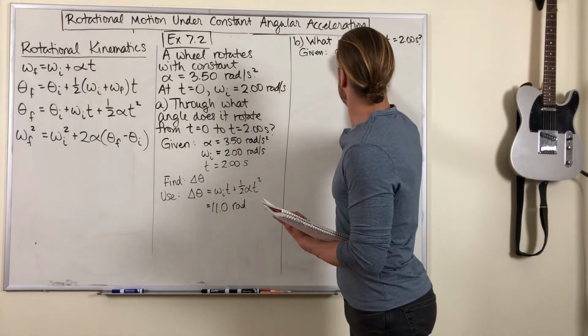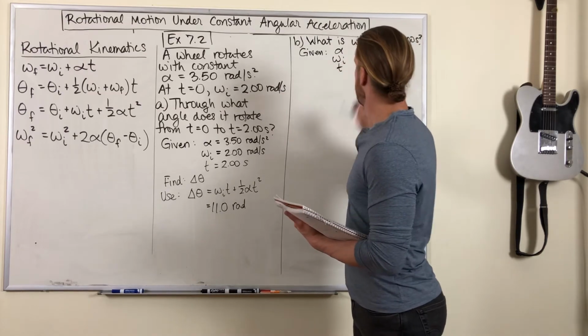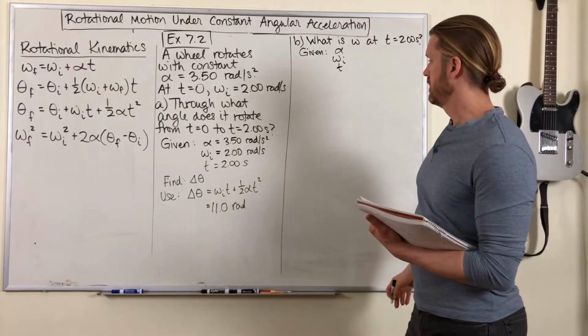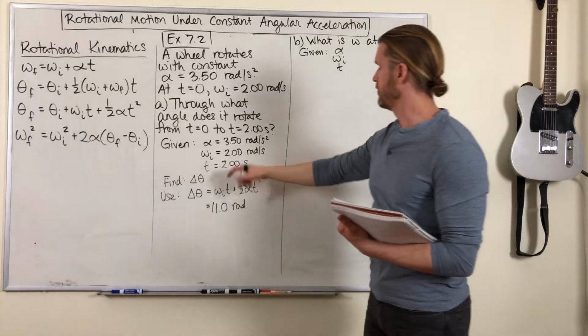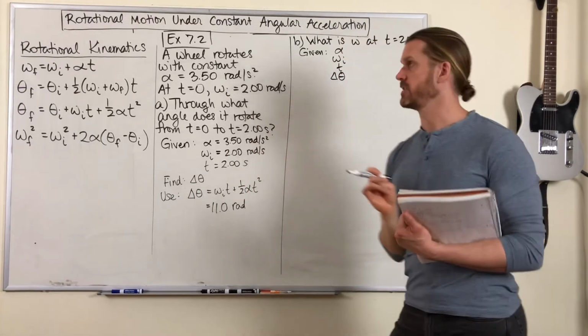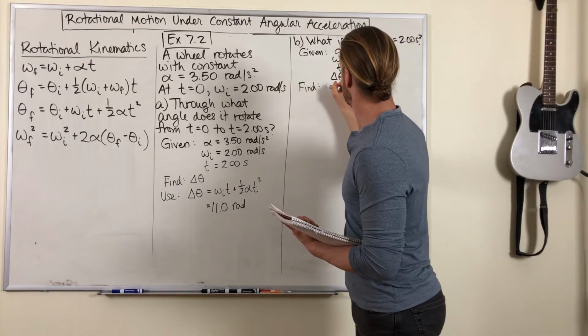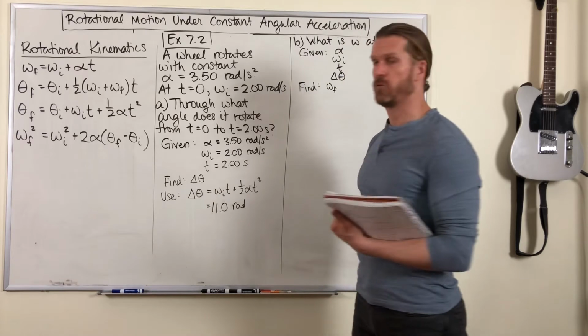We know alpha, we know omega initial, we know the time. We also know delta theta now, because we just figured that out in part A. And we want to find omega final.